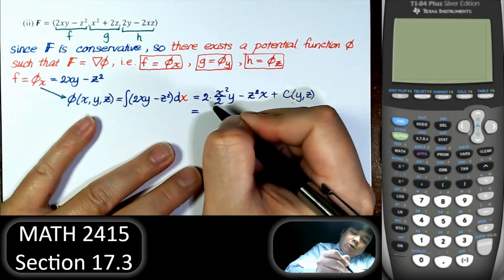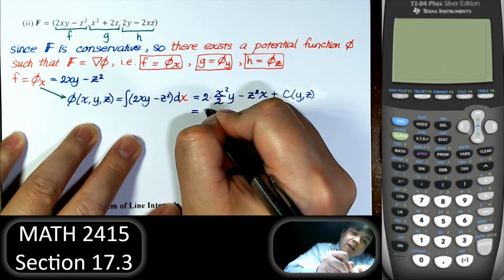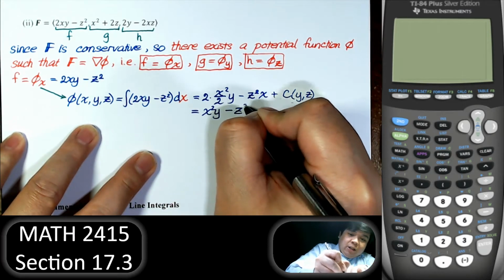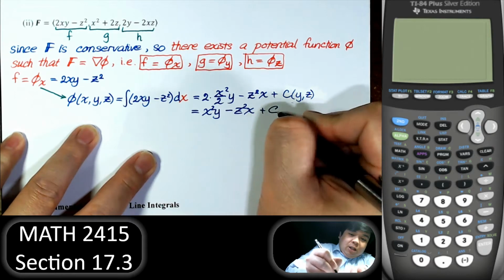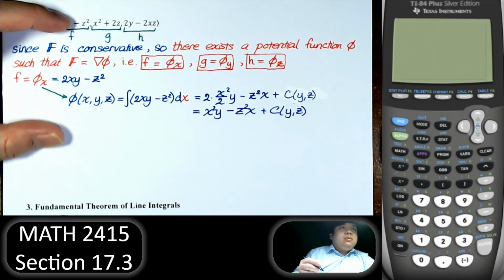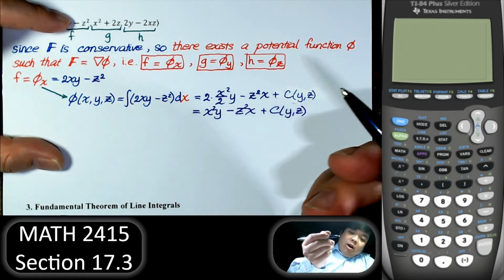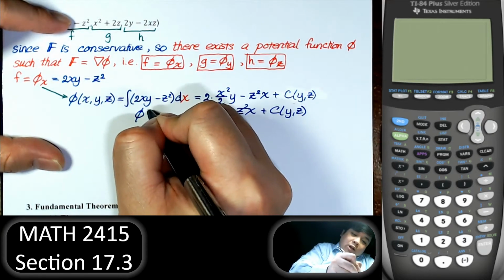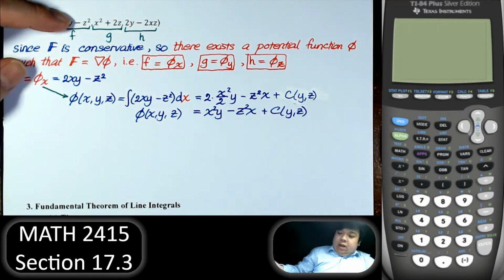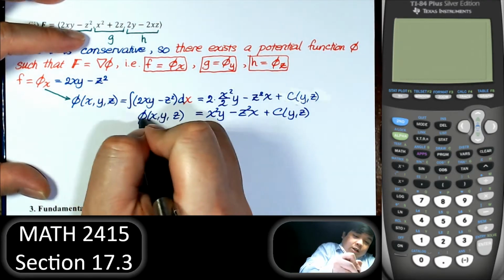So which equal to what? x squared y minus z squared x plus c of y and z. Yeah, so that is the potential function. We take that form.